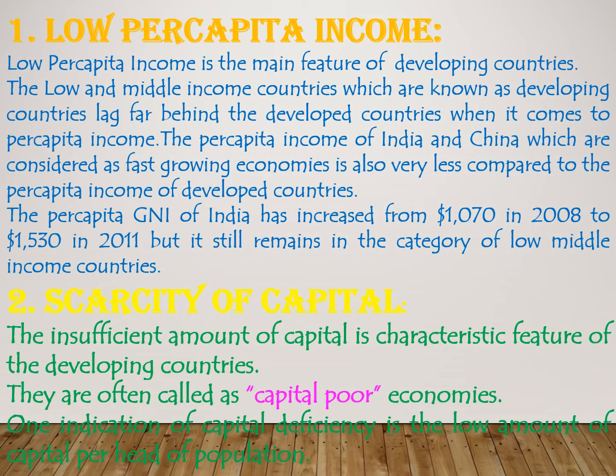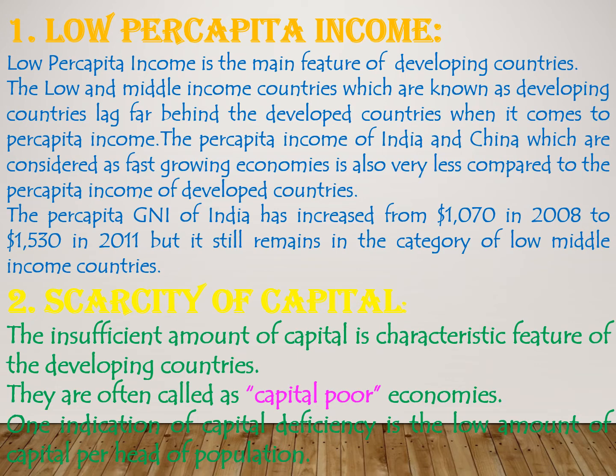The first one is low per capita income. This is the main feature of developing countries. Low and middle income countries are known as developing countries. The Indian economy is a best example of low per capita income. China also, which is considered a fast growing economy, has low per capita income.